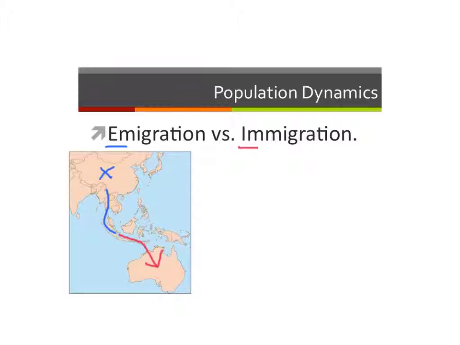So emigration decreases the population by leaving population X here, and immigration means that you are bringing individuals into population Y down to the bottom.